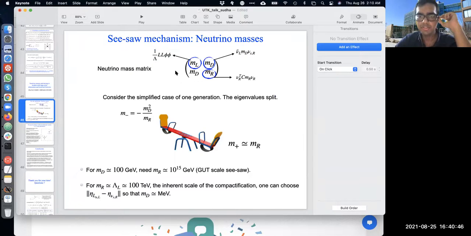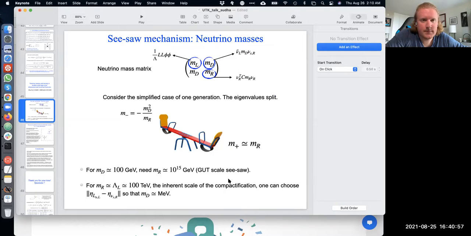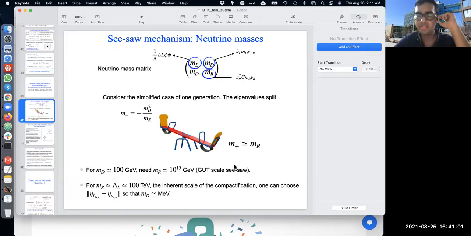So we chose a full neutrino mass matrix, right? And this produces three active neutrino masses, and in this case, three right-handed masses. The right-handed masses were chosen to lie at the compactification scale, which is the most natural inherent scale of the theory, 100 TeV. And the active neutrino mass scale, of course, we don't know the three of the masses.